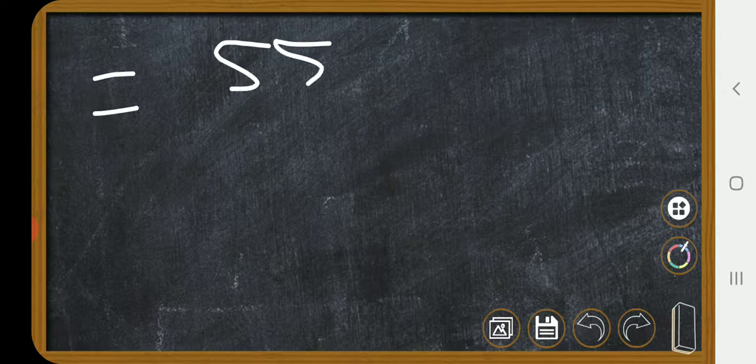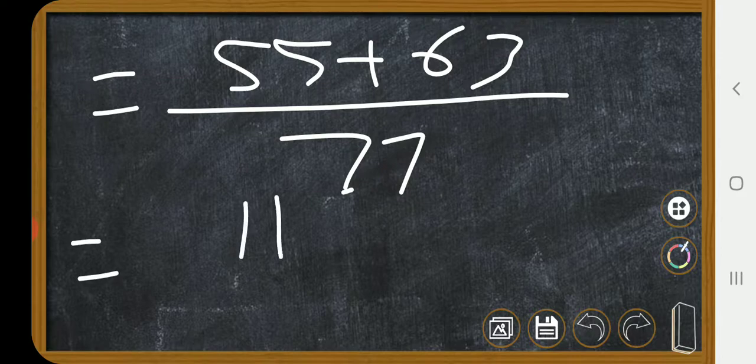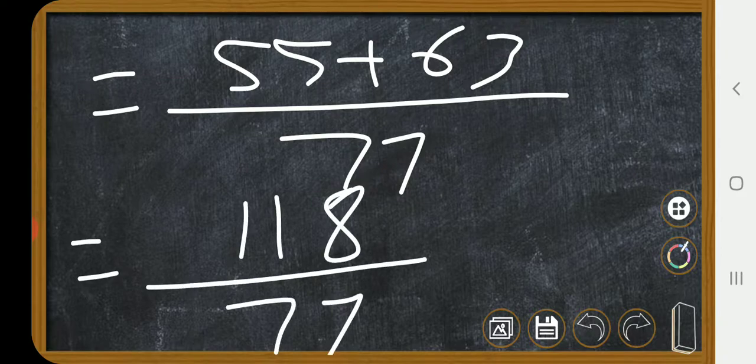Now we'll do the addition: 55 plus 63 divided by 77, so the answer will be 118 upon 77. So this is how you have to do the addition. First you have to make the denominators equal, then only you can add the fractions.